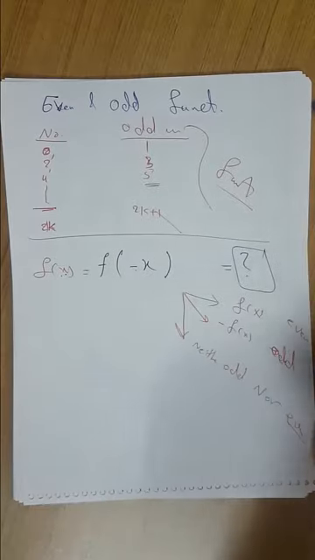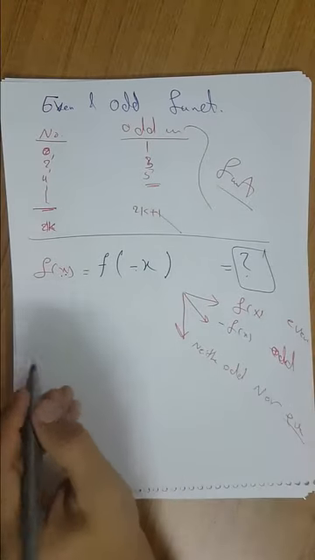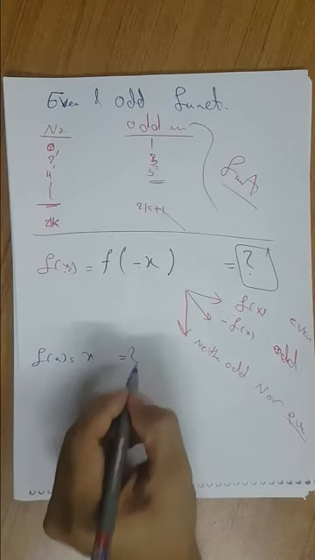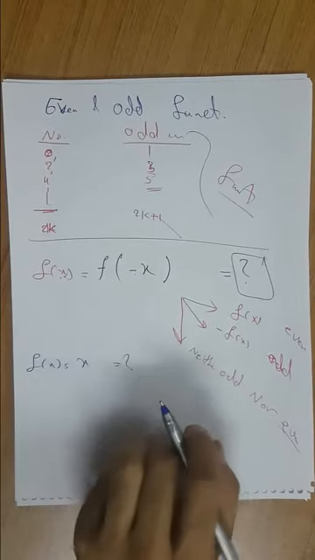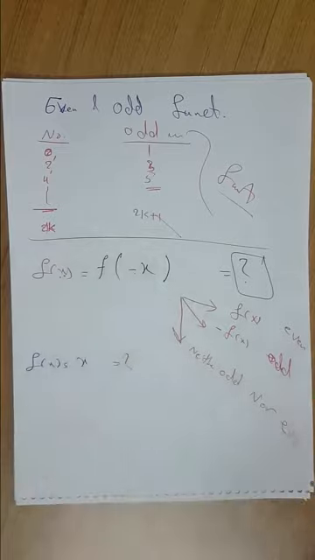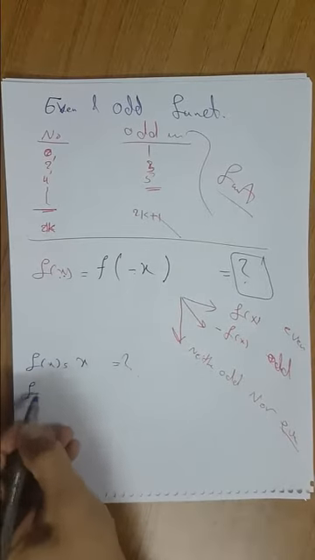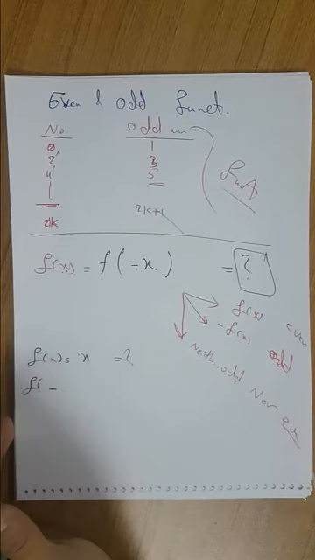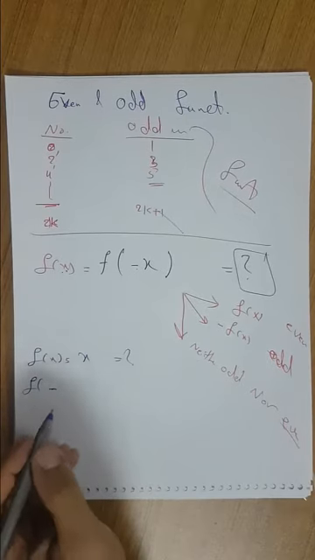Okay, I'll give you this one. F of x is equal to x. Tell me, is it odd or even? Please do not think about the power, because maybe there's just some change. How can I get the answer, odd or even?